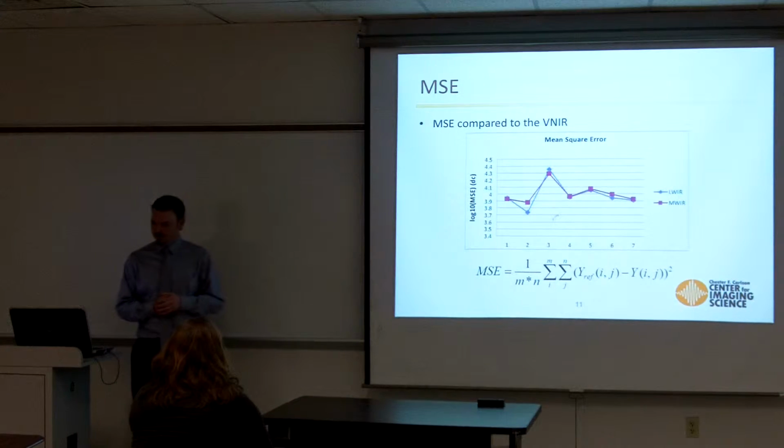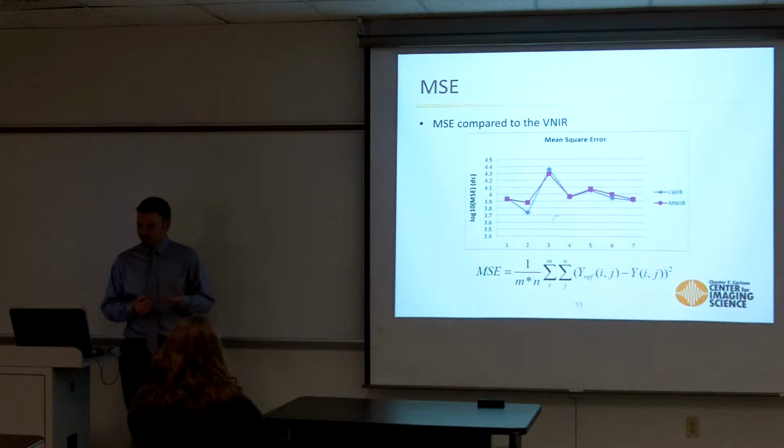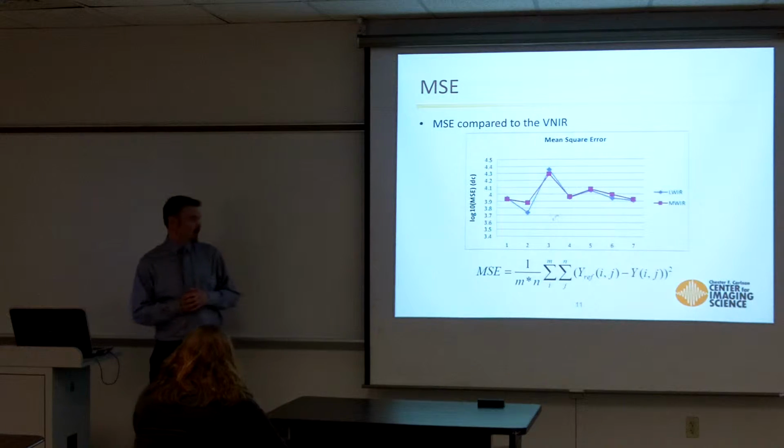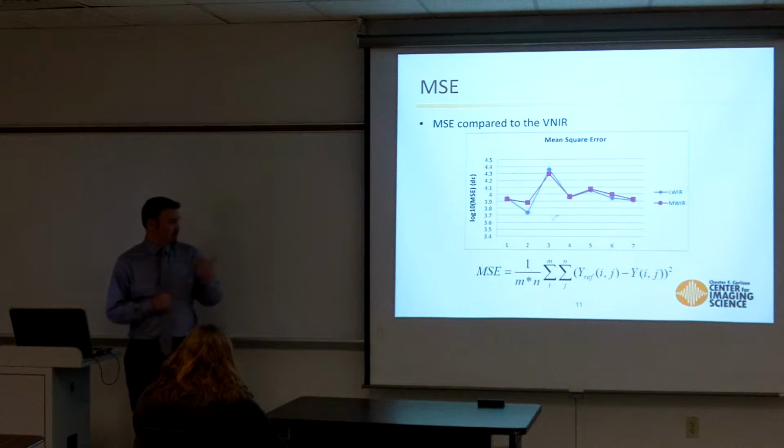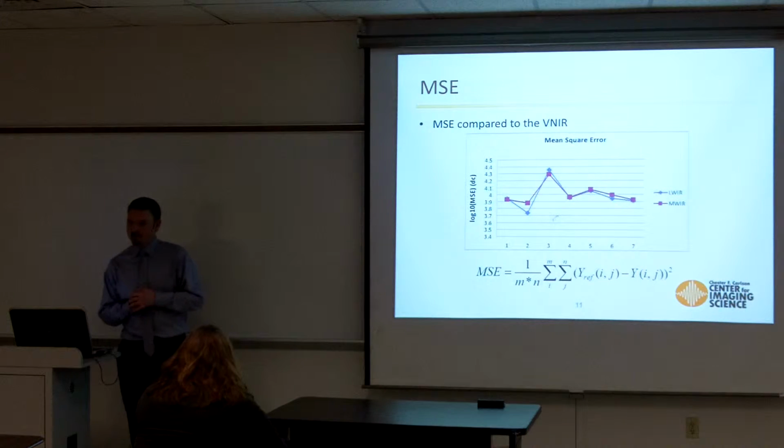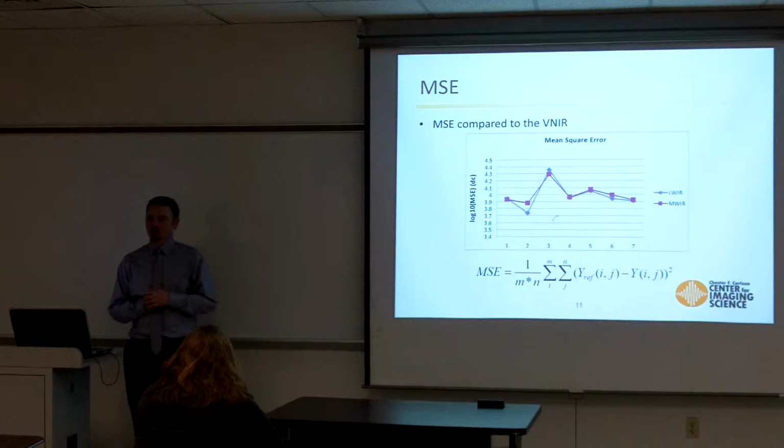So I did some programming in IDL to calculate the mean square error, comparing the long wave IR and the mid wave IR to the visible spectrum. And you can see both the long wave and mid wave are pretty close, not a lot of difference. The scale is in DC counts, because a lot of the images were post-processed when I got them, so I'm working in digital count units.